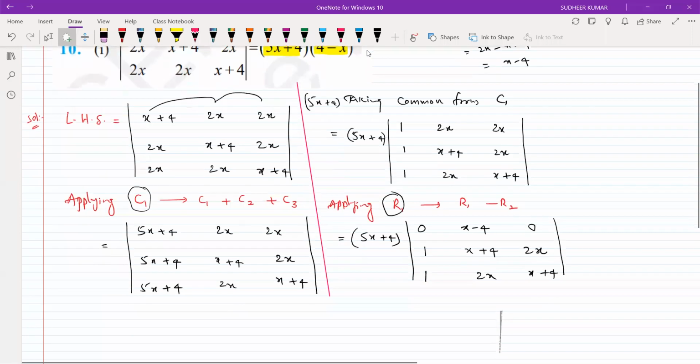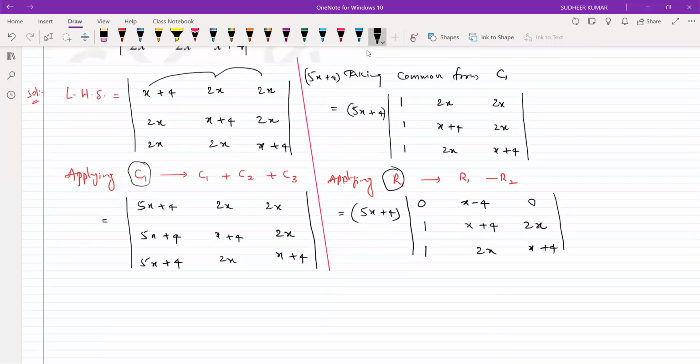Next. What do we have to do now? Expand. We have the utmost number of zeros, right? So we can expand it now. Still, if you want to make this one 0, it is 1 into it, easy to multiply. We can expand along C1, right?